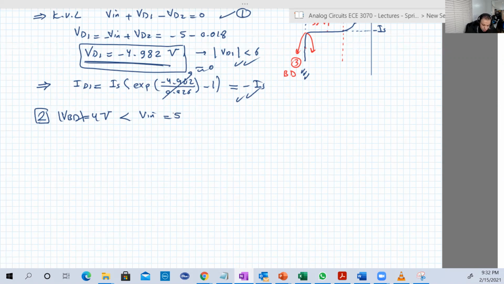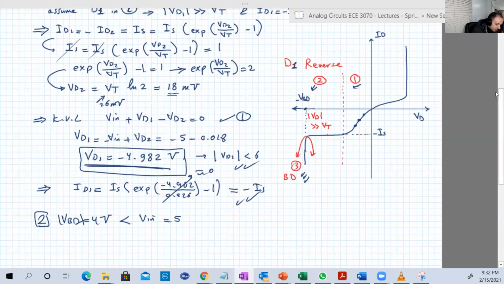So it might be now in region 1, region 2, region 3. Okay? But again, based on the facts that we learned from 1, we can make the correct assumption from the first time. Okay, so let's see how.